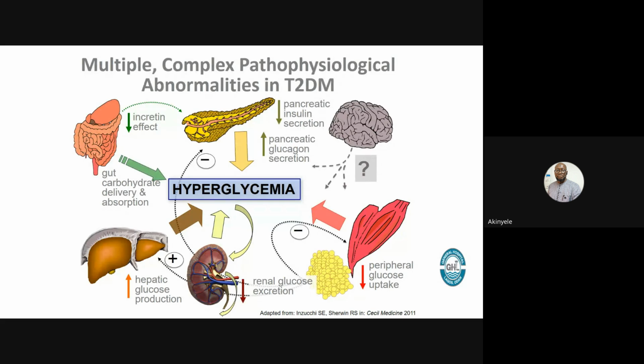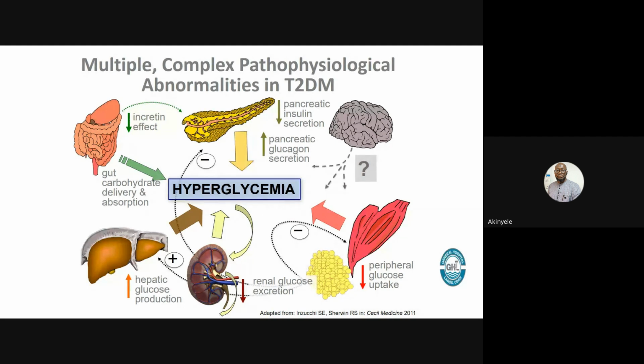We are also aware that insulin resistance prevents the movement of glucose into the skeletal muscles as well as the adipose tissues. And these are sites where glucose is broken down to produce energy.